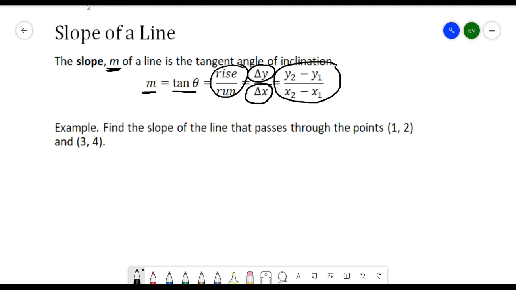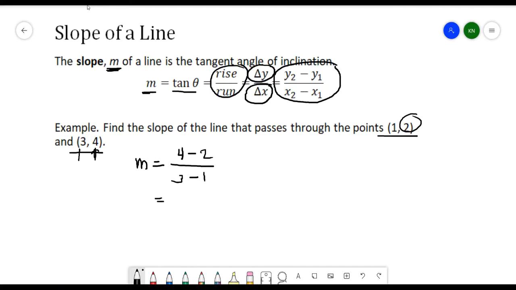So for example, we have here, find the slope of the line that passes through the points (1, 2) and (3, 4). In order for us to find the slope, we can directly solve for that using this formula. So we have m is equivalent to y sub 2, which is 4, minus our y sub 1, which is 2, and then x sub 2, which is 3, minus our x sub 1, which is 1.